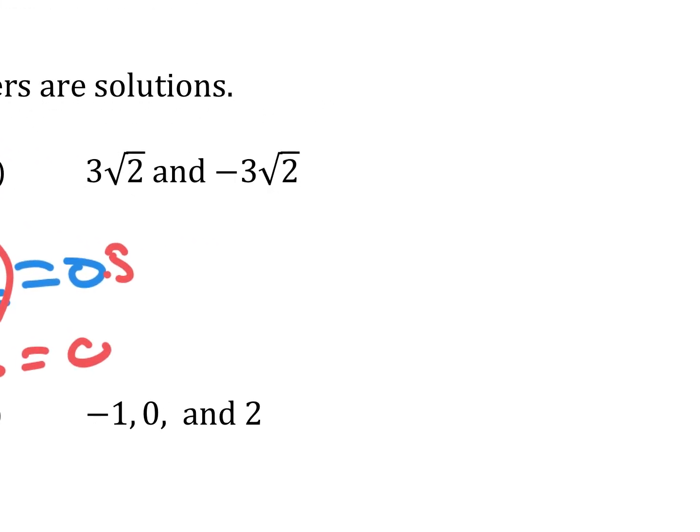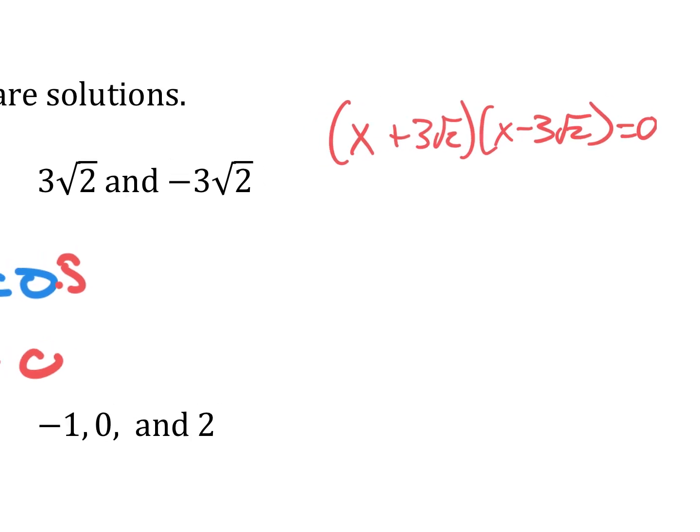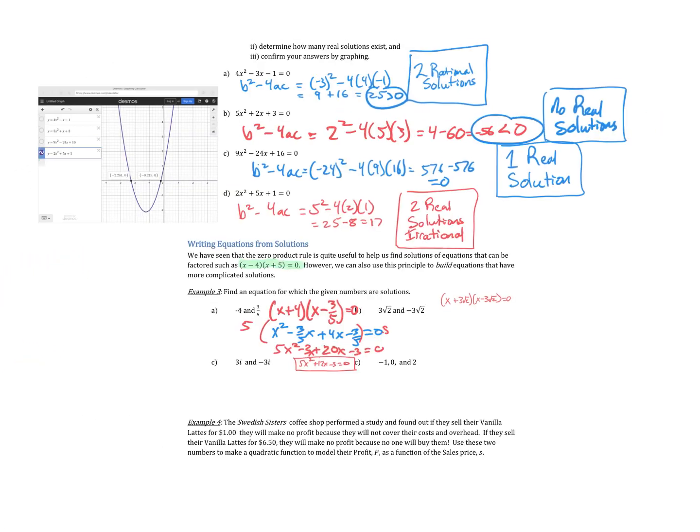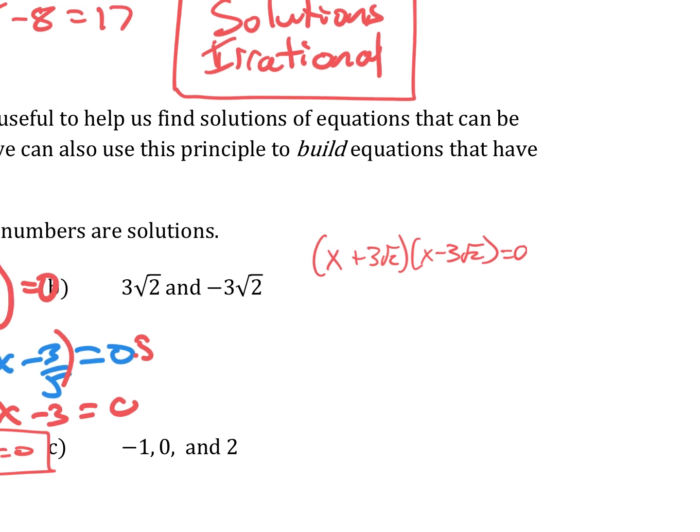If we know we want to have some irrational solutions, x plus 3 square root of 2 and x minus 3 square root of 2, that's going to give us irrational answers there, or solutions. So if we distribute that out, we're going to get x squared.